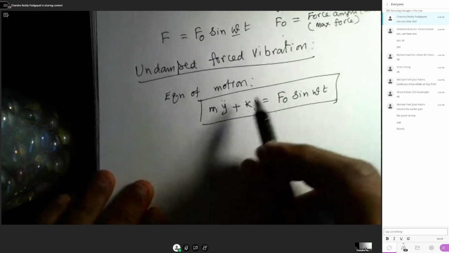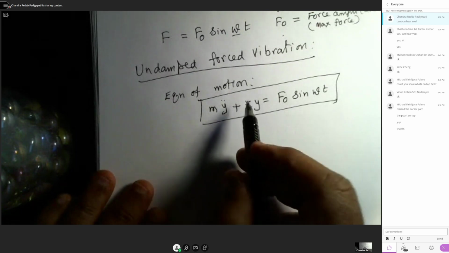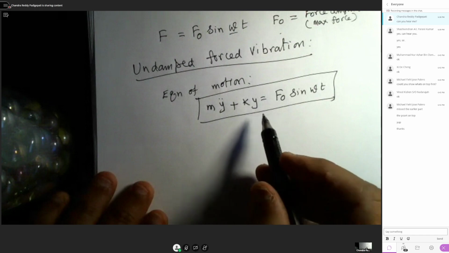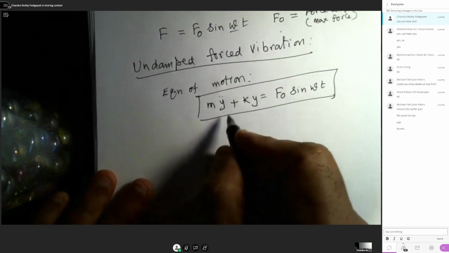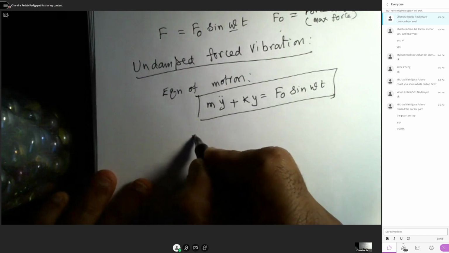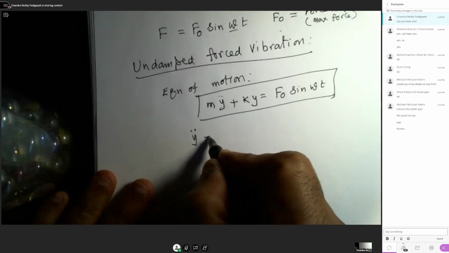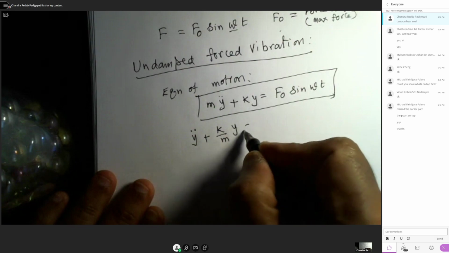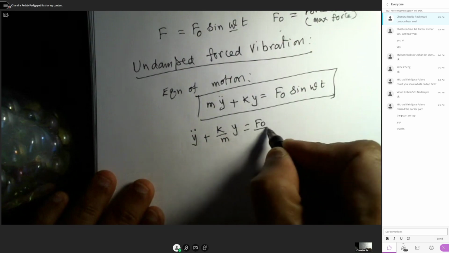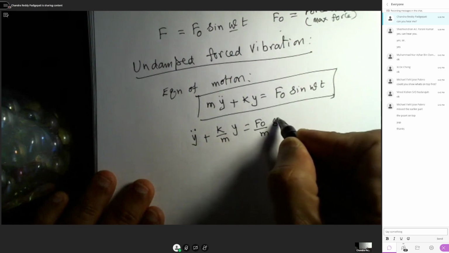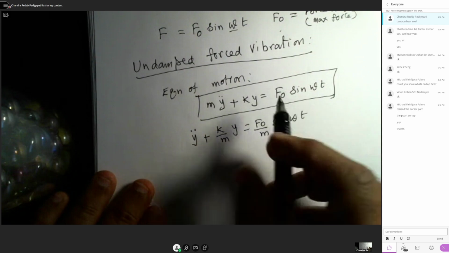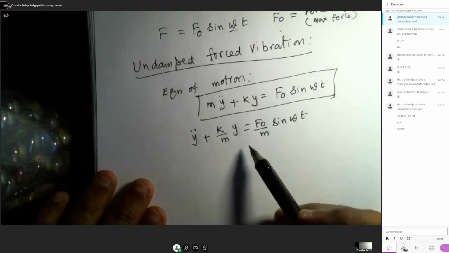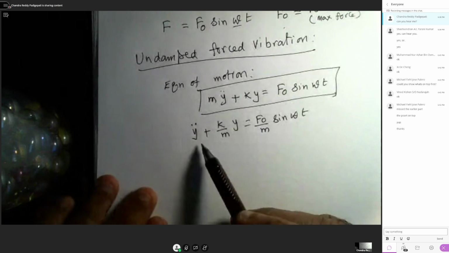We can also write this in different formats, but mathematically all the formats will be the same. For example, we can write this as y double dot plus k by m into y is equal to F naught over m sine omega t, dividing every term with m.